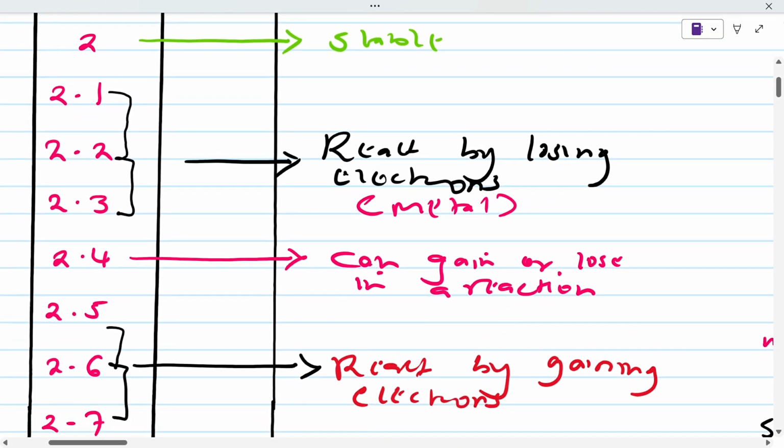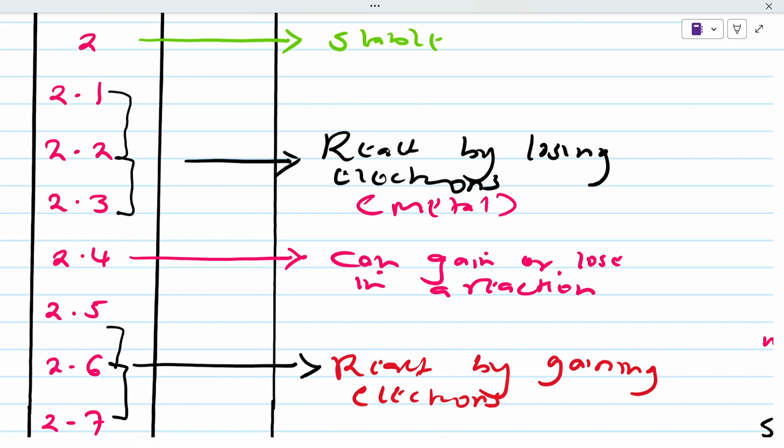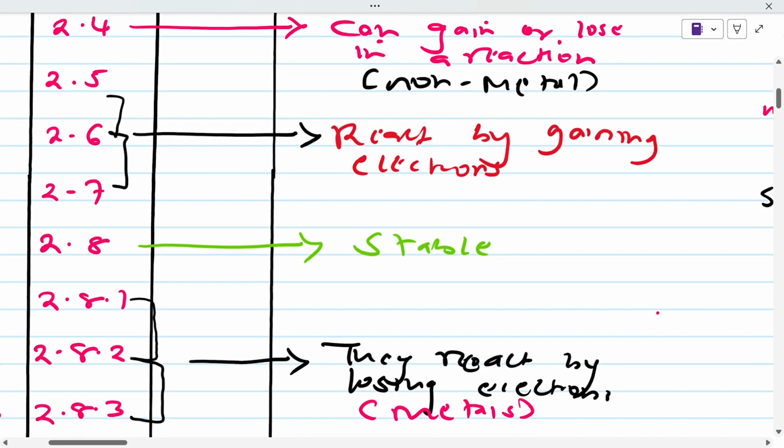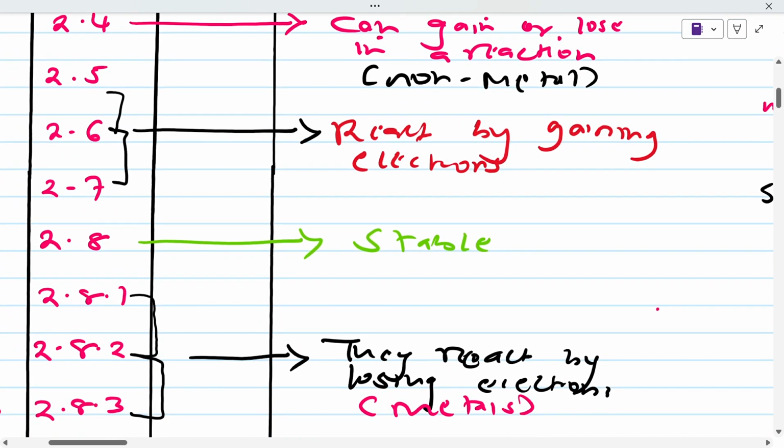Now, any element that reacts by gaining an electron is a nonmetal. Any that reacts by gaining, this one is a nonmetal. So that's how we can determine the nonmetalness or metalness in the periodic table, even without worrying about how you can come up with it.